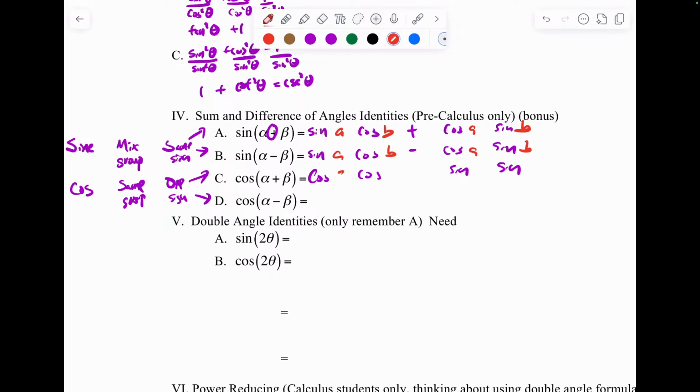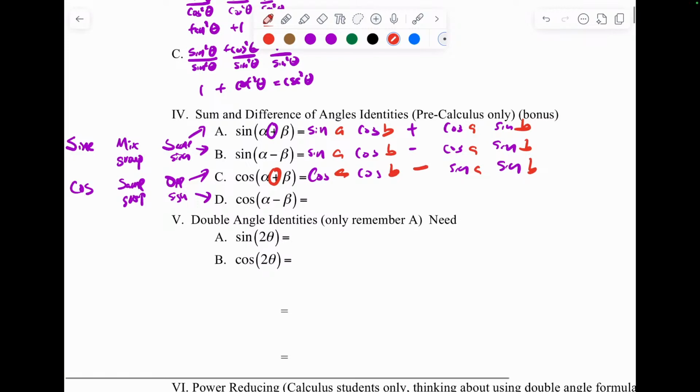And you still write A, B, A, B. The only thing you have to pay attention to is that the plus sign is going to be opposite signs now. So it starts with plus and the other is negative. I'm going to write cosine, cosine again, and sine, sine, and A, B, A, B. And there's a plus sign.